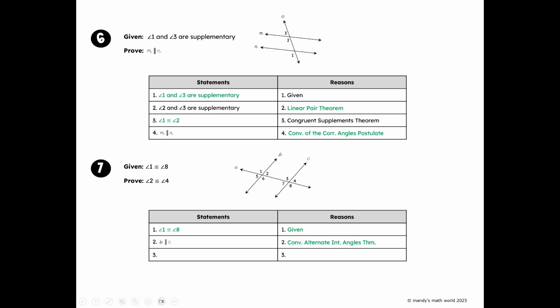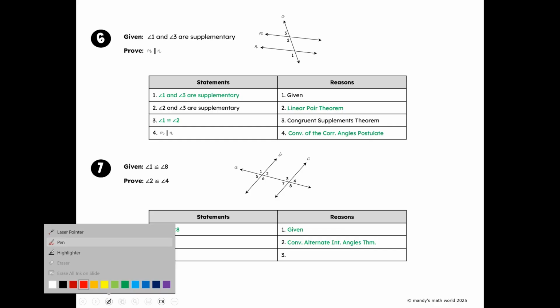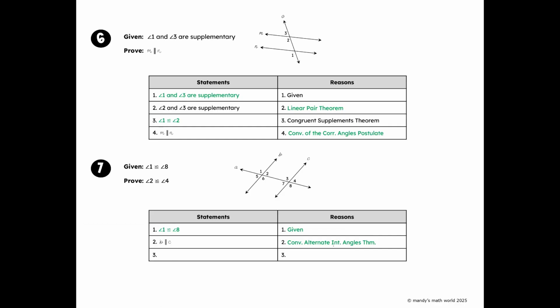Sorry about that. Let me write that down. Angle 1 and angle 8. This should say alternate exterior angles. Sorry about that. The converse of the alternate exterior angles theorem, because angle 1 and angle 8 are alternate exterior angles.